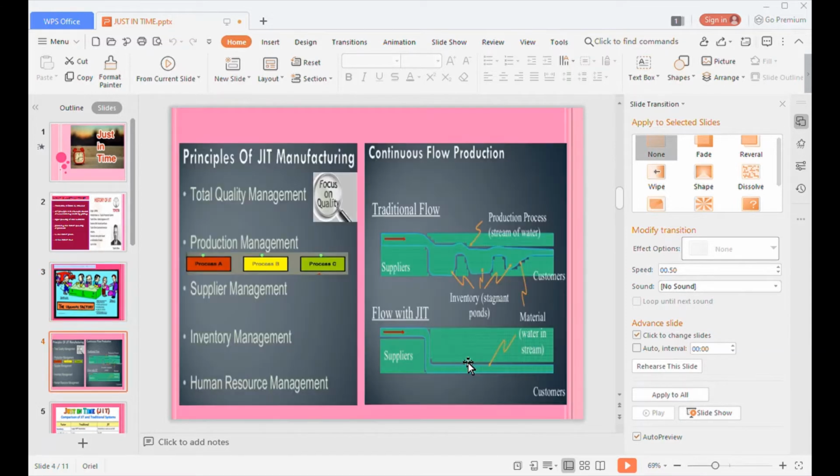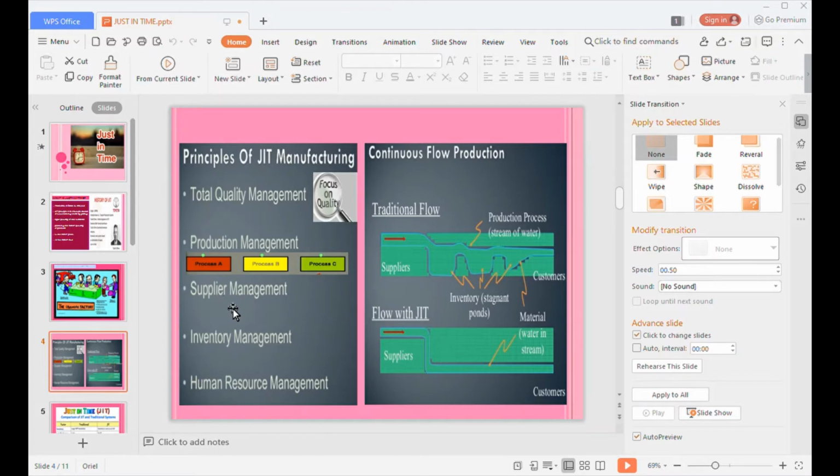Okay, so let's go to its principle: total quality management, focus on quality, and of course production management, as I've been illustrating in the previous slide, from supplier, production to customer.